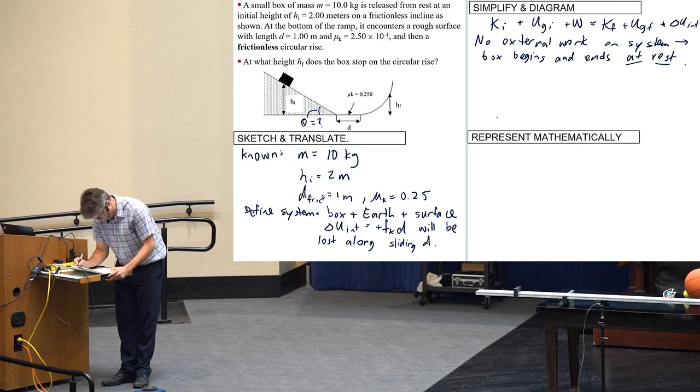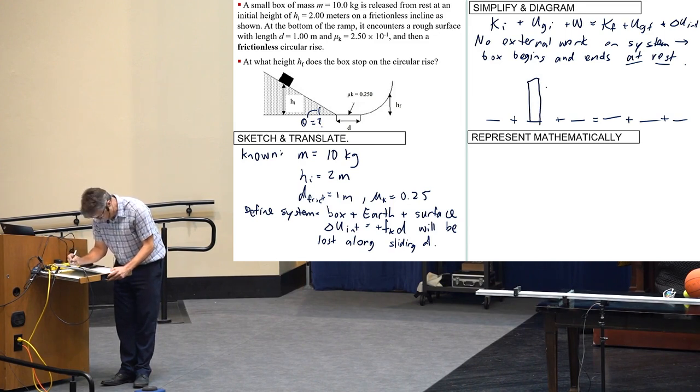So if you want to do this plus this equals this plus this plus this. There's no initial kinetic energy, and there's going to be some initial gravitational potential energy.